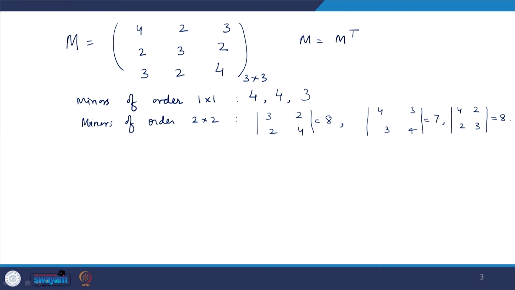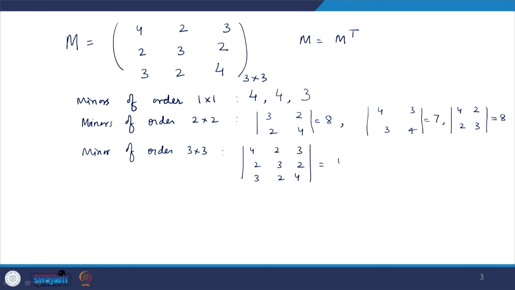Now, only one is left, that is the minor of order 3 cross 3, which is the determinant of the matrix itself: [4 2 3; 2 3 2; 3 2 4].